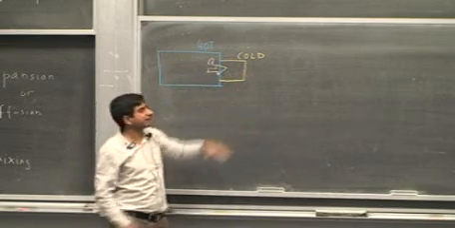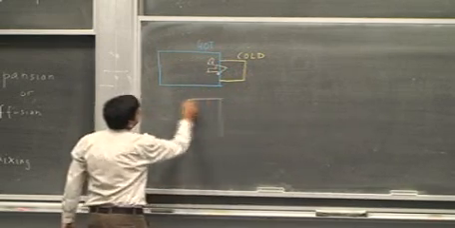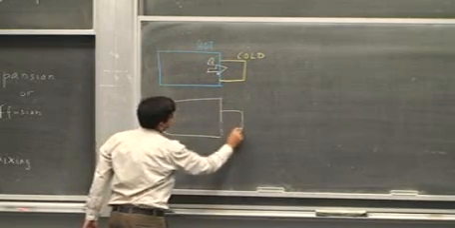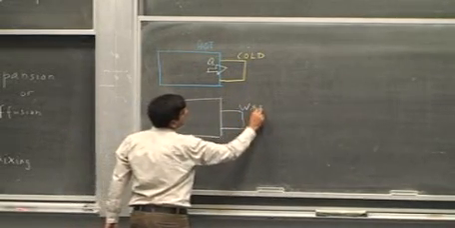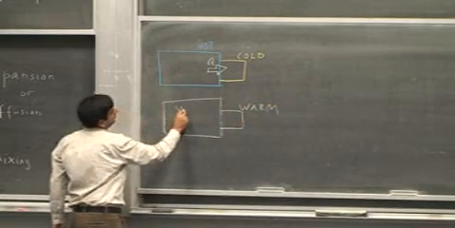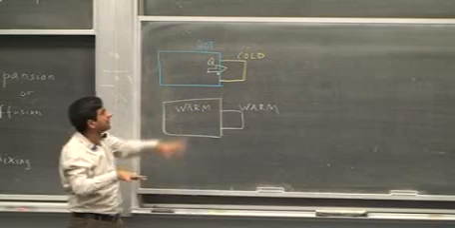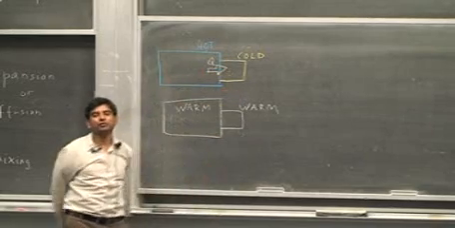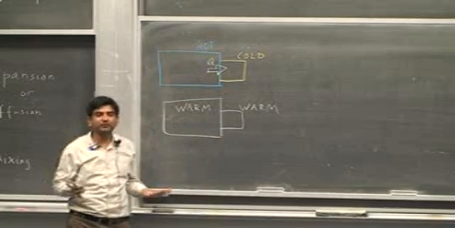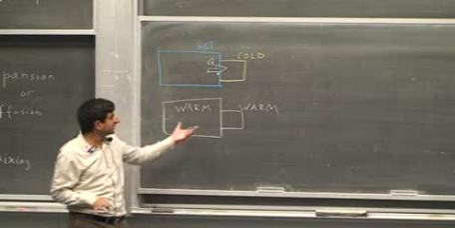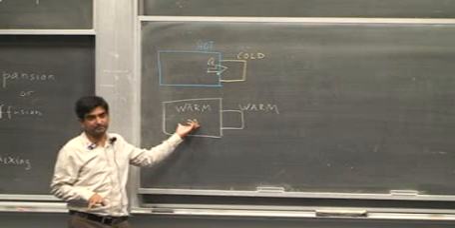Even though these two objects, both of them are now warm objects. This is warm, this is warm, because they are at the same temperature, a temperature that is intermediate between the hot and the cold object. Both of them are warm, they are at the same temperature, but this has a higher share of the energy.